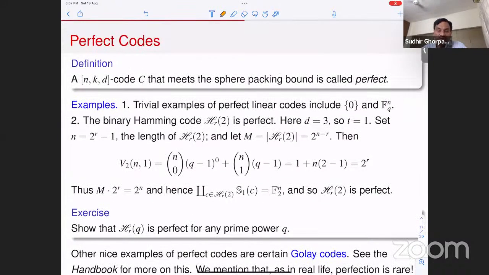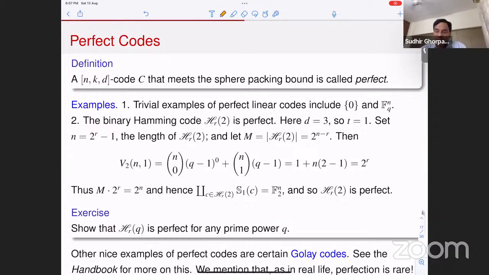They are called perfect codes. And what I'm hoping to show here is that this Hamming code, which I introduced earlier, is a nice example of a perfect code. It's a rare class of codes which are perfect.